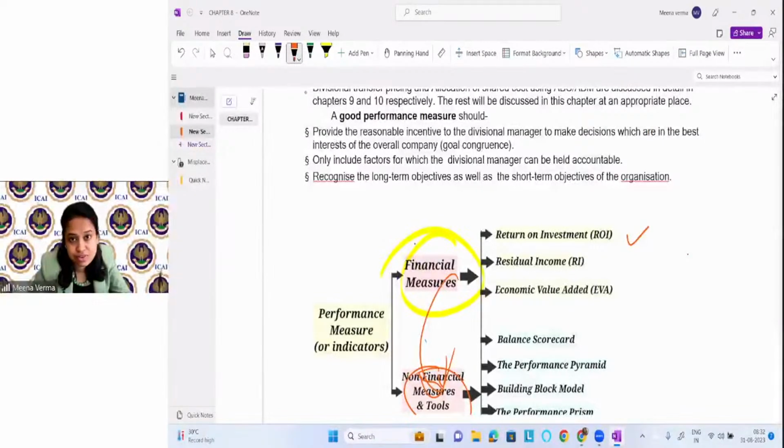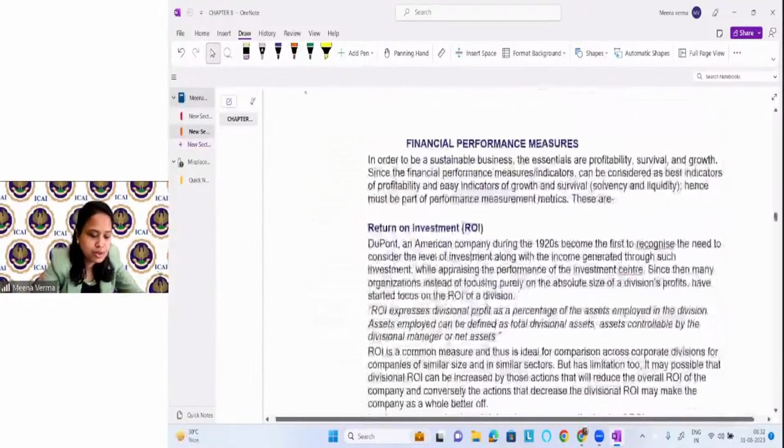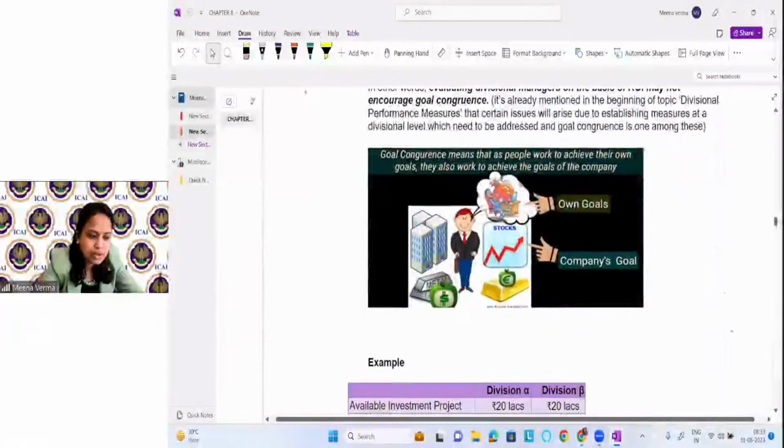Like return on investment, residual income, economic value added, right? These are the three financial measures which we will use. So the first one is what? Return on investment. What return we are earning on the investment, we will measure it here.